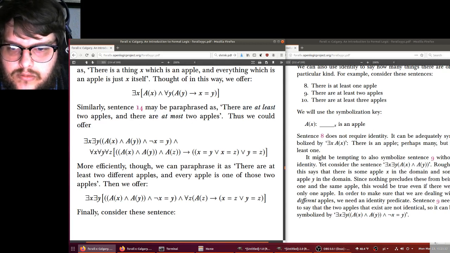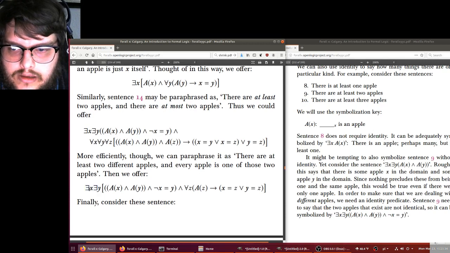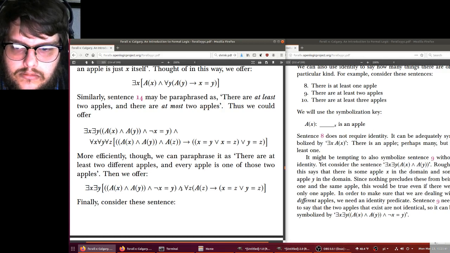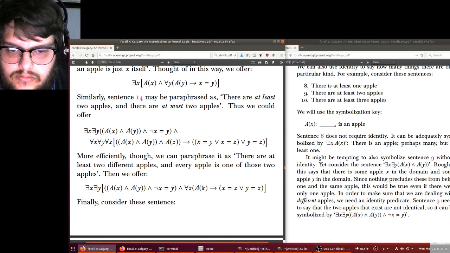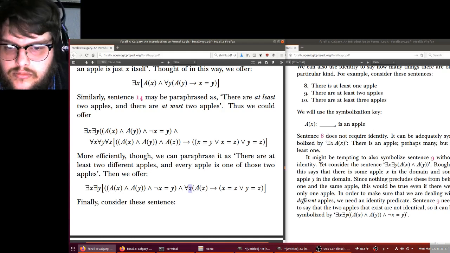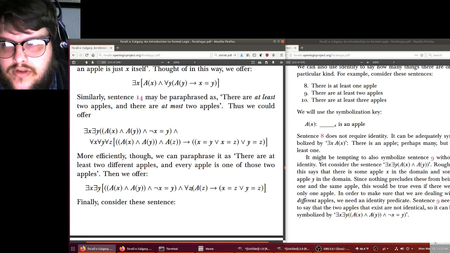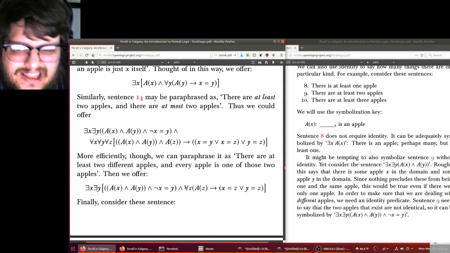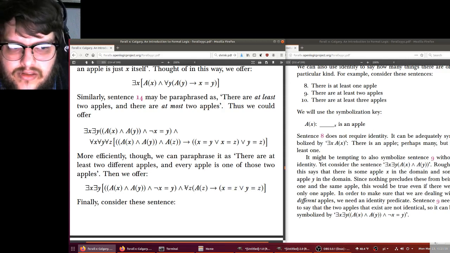But then they say more efficiently, you could say it this way. If you have an x and a y and both are apples and they're not the same, and if you have a z that's possibly different, I should say, the z might not be different, then it must be the case that z was identical to one of the previous ones. Again, this is starting to get complicated.